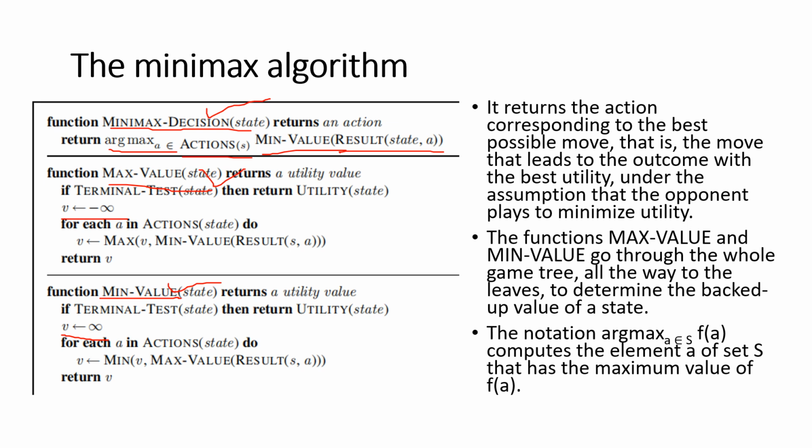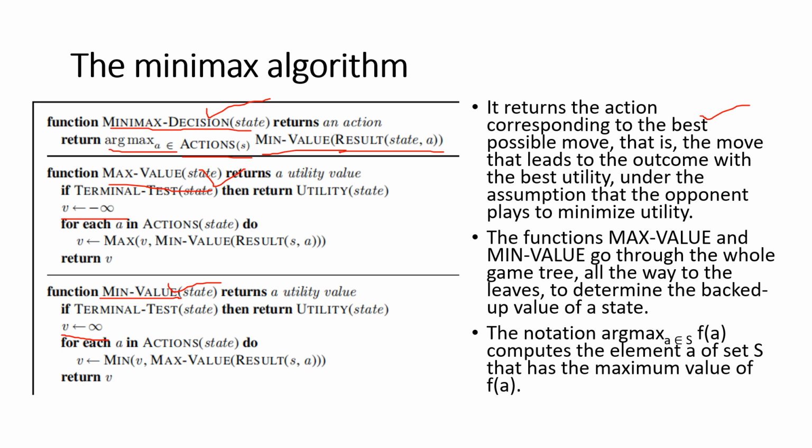So here you can see that it returns the action corresponding to the best possible move. That is the move that leads to the outcome with the best utility, under the assumption that the opponent plays to minimize utility. So this returned action gives maximum guaranteed utility, and we are assuming that min plays optimally.